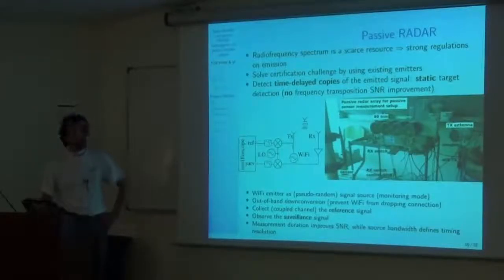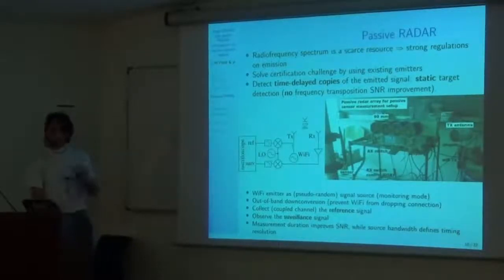I didn't want to use an omnidirectional antenna, so I used a cantenna to be a bit more directional. This cantenna is illuminating the sensor, which is located over here. The distance from the sensor to the emitter is about 50 centimeters. Then I've got all these receivers looking at the response of this sensor.